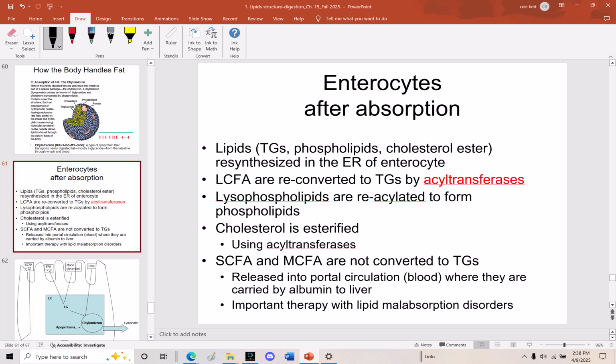Long chain fatty acids are going to require lipoproteins for transport, except for an occasion we'll talk about later. And so people who have lipid malabsorption disorders, we often will supplement their food with medium and short chain, because if they can't absorb or make chylomicrons properly, then you can just give them the short and medium chain and they should be okay.